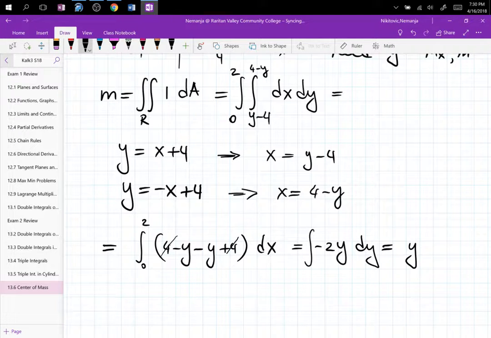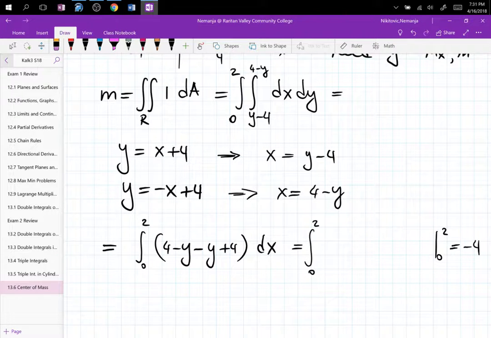That's going to be y, negative y squared, from 0 to 2. Why am I getting negative 4? It's 8. It's 8 minus 2y, yes.